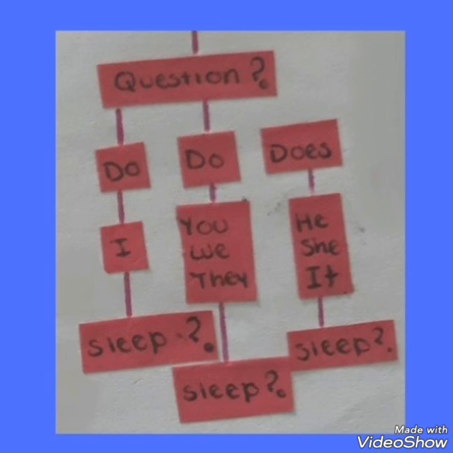The interrogative form is only going to be used with the pronouns I, you, we, and they, and does is used with the pronouns she, he, and it.